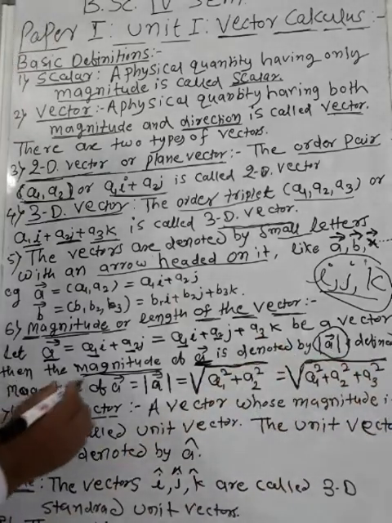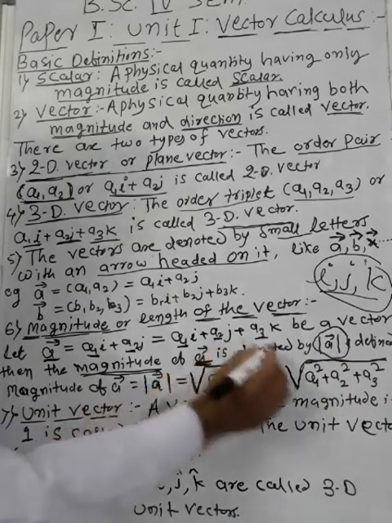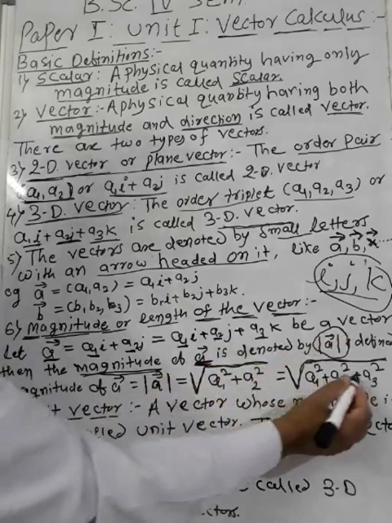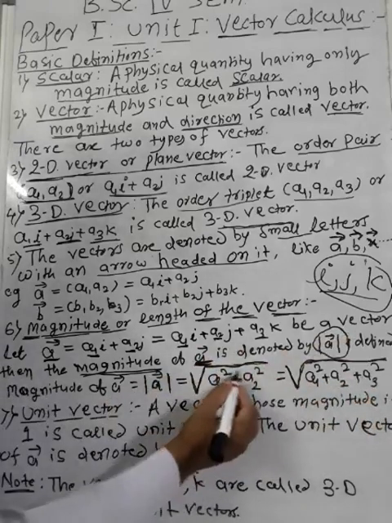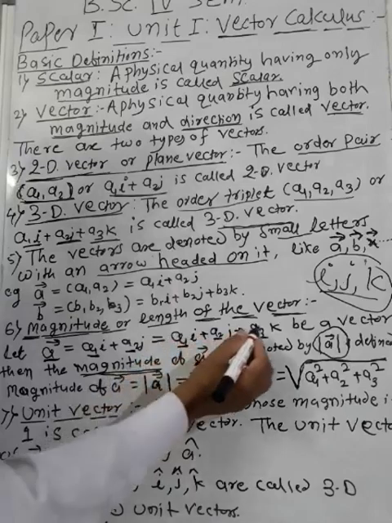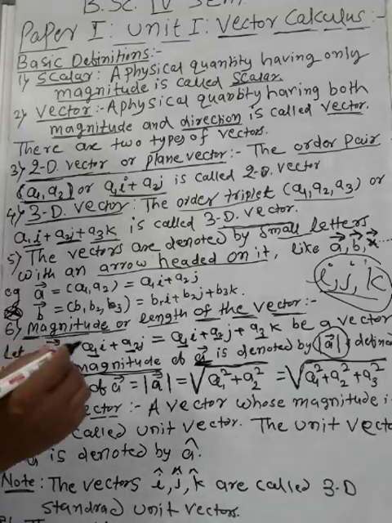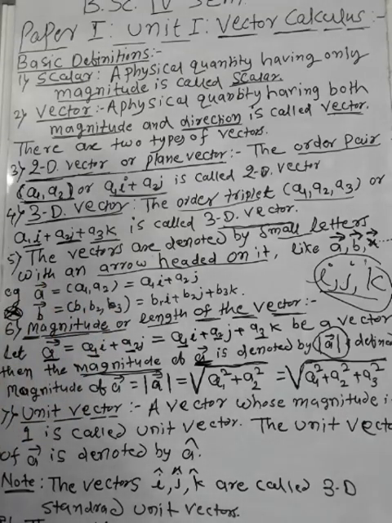Hence the magnitude of a vector is the square root of the sum of the squares of the coefficients of i, j, k, and this is going to be one important result about the magnitude or length of a vector.